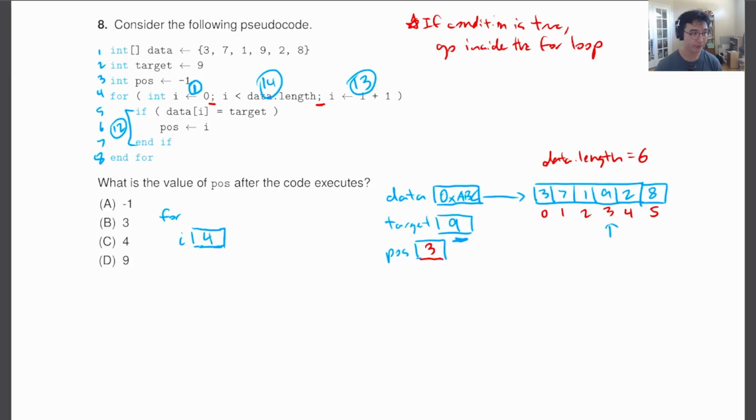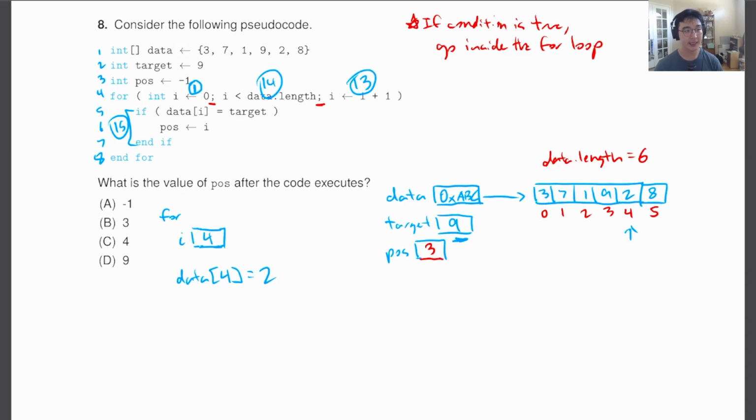That's true. We go inside the for loop because the condition is true. So we go to line 5. And you ask yourself, is the data at I, which is the data at 4, which is a 2, is 2 equal to 9?